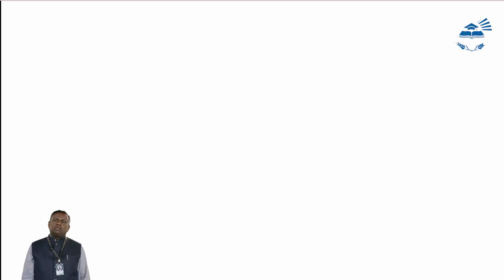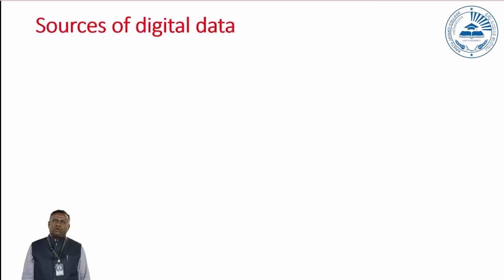So all the digital information, the digital data, is generated, stored, and communicated through digital devices, primarily in the form of binary. That will be called digital data. Let us go for the next topic, that is sources of digital data.